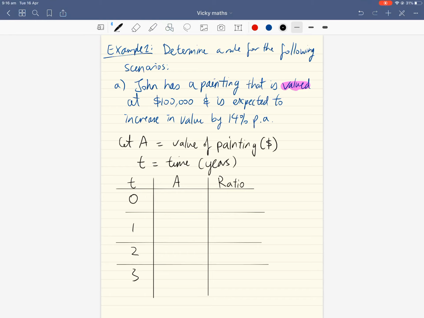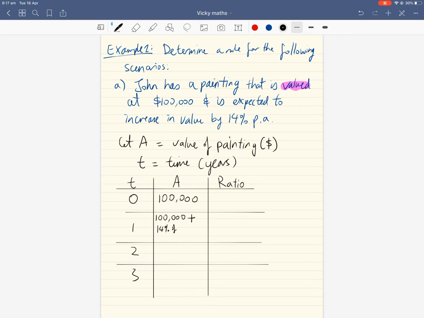When time is 0, how much does the painting cost? We're told that when time is 0, the painting costs $100,000. So when t is 0, A is 100,000. When t is 1 year later, how much is the painting worth? It says the painting increases in value by 14% every year. So after 1 year, it's the original amount, 100,000, plus, because it's an increase in value, 14% of the original amount, which is 100,000.